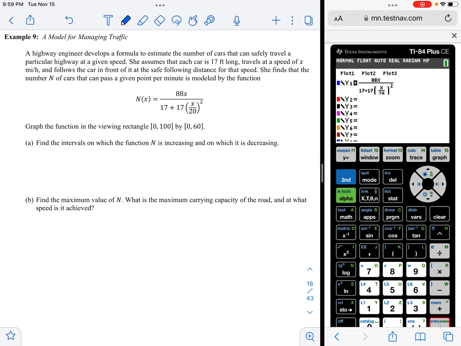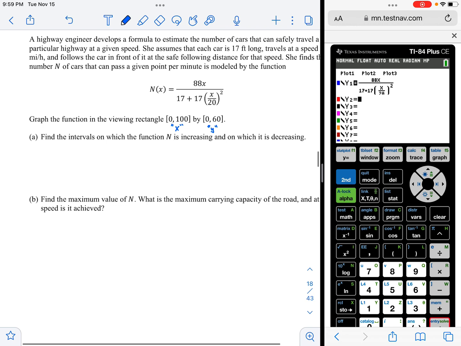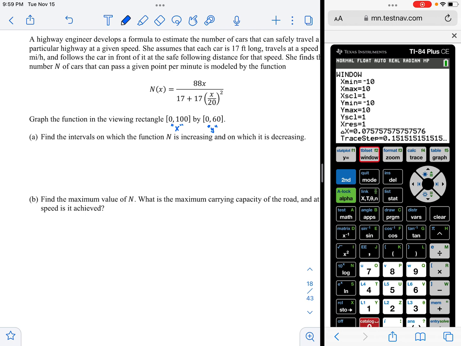Anyway, so there's our function, and then we're going to set the viewing window. Just so that you know, when it says 0 to 100 by 0 to 60, that means x by y. So in our window, we would go 0 for the minimum and 100 for the maximum.